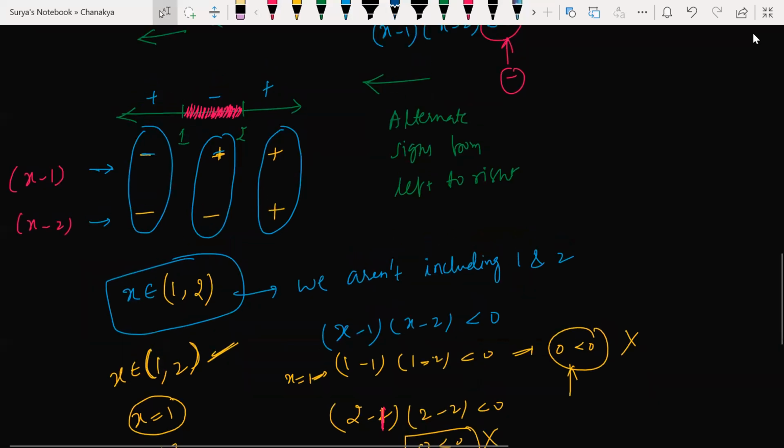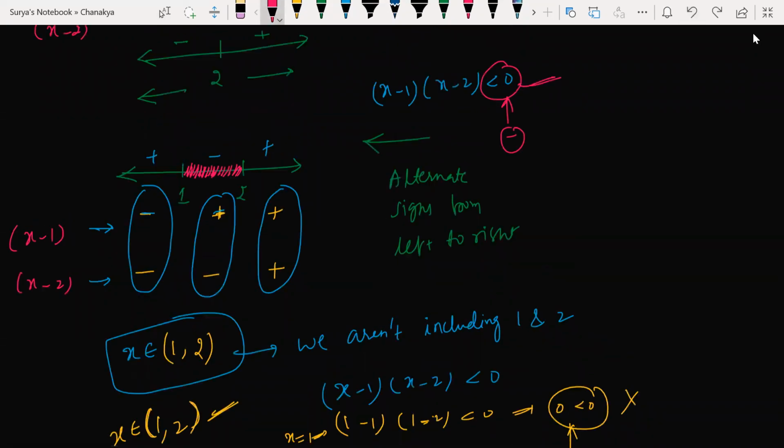Look here: minus into minus is plus, plus into minus is minus, and plus into plus is plus. That is how I kept plus, minus, plus, every time. I'll solve one more question and you will get clarity, don't worry.